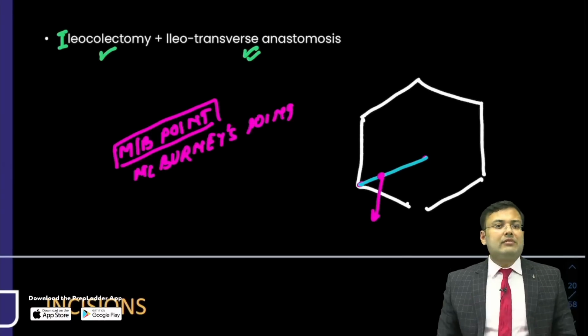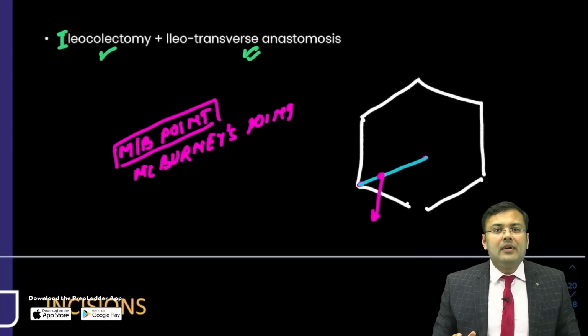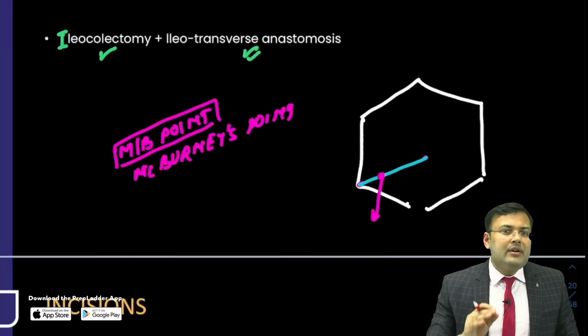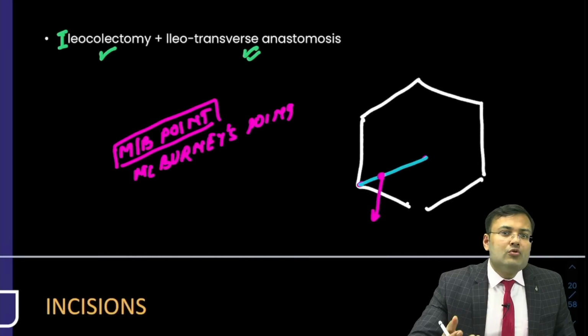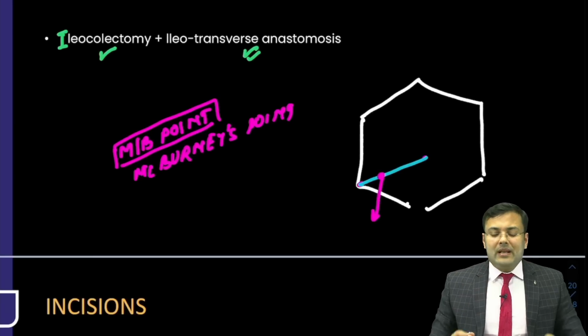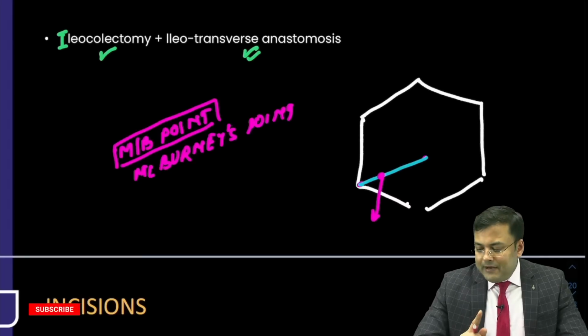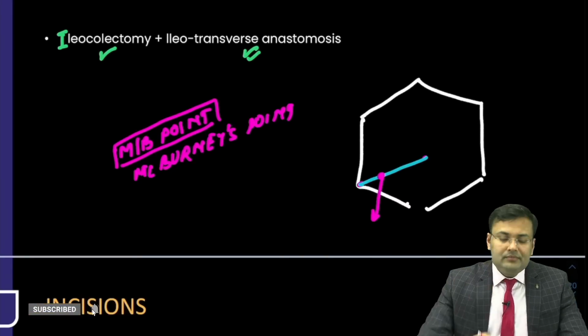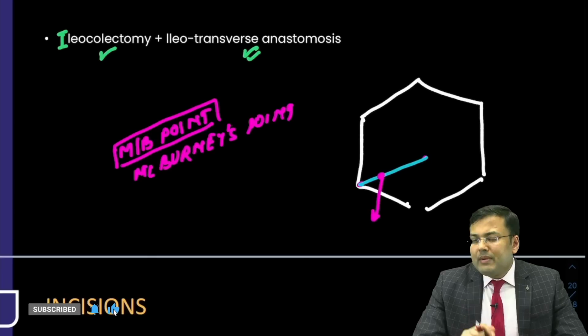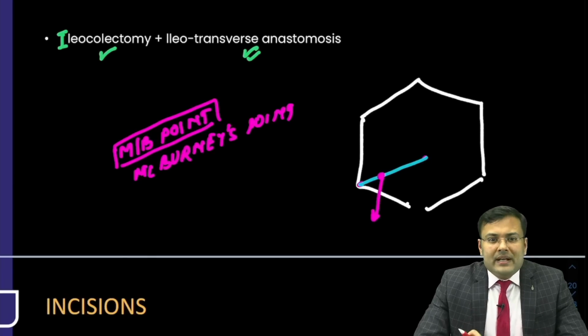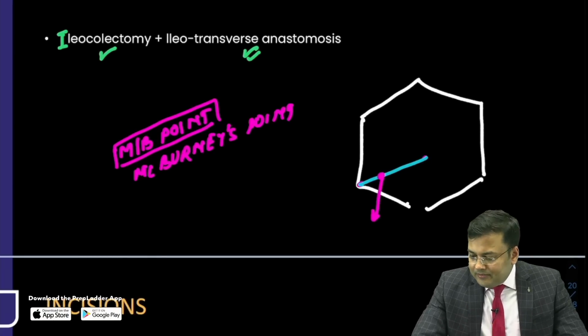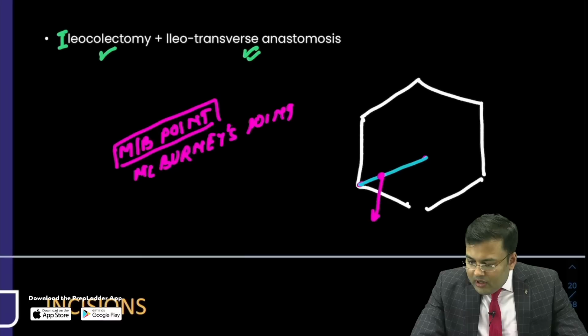Now, another question which was asked in NEET PG for the first time. This McBurney's point corresponds to which part of appendix? Base of appendix or tip of appendix? Everybody wants to say that base.